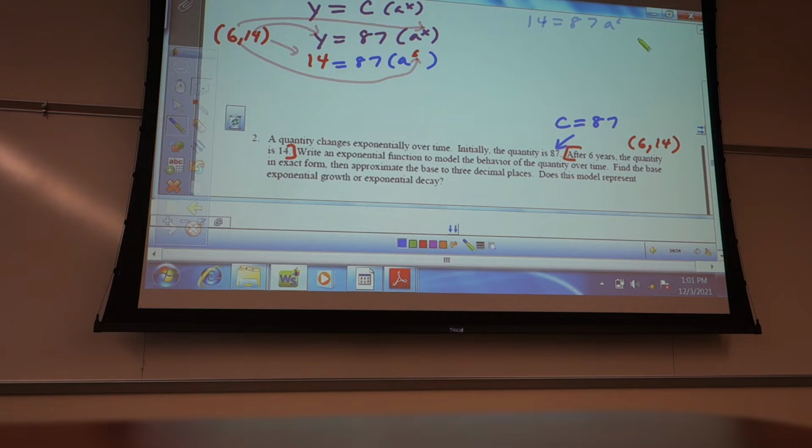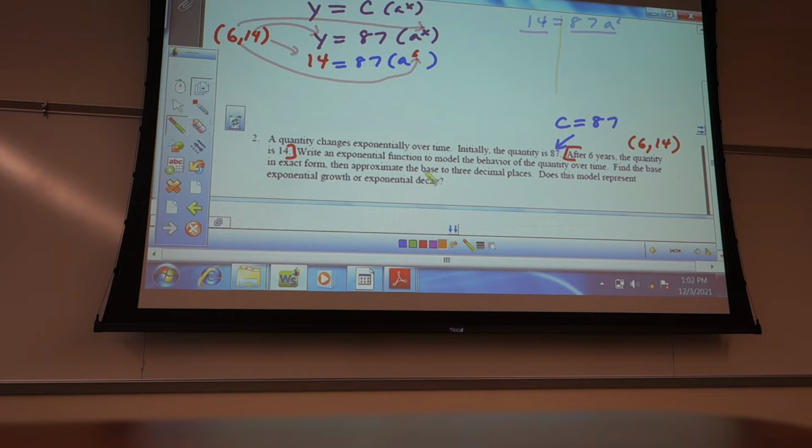So here, this is a tougher one. You're going to have to use your calculators on this one. First off, I need to get a to the 6th by itself. How do you get a to the 6th by itself? Divide both sides by 87. So let me draw my little line down the middle.